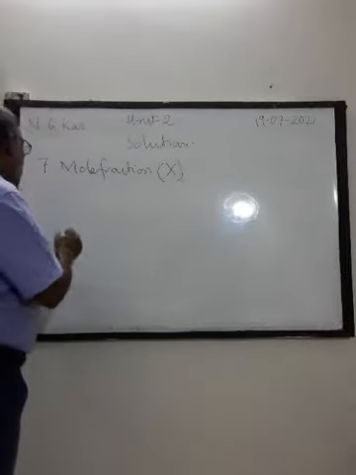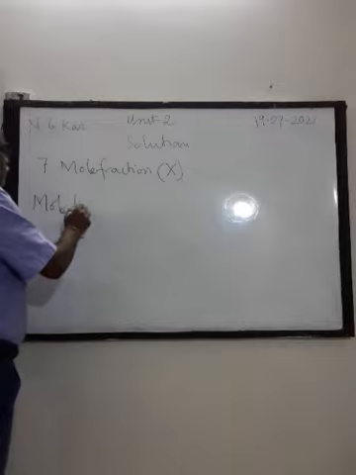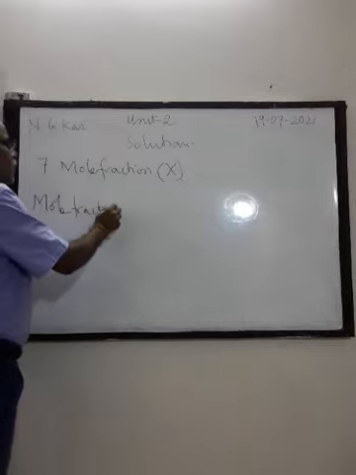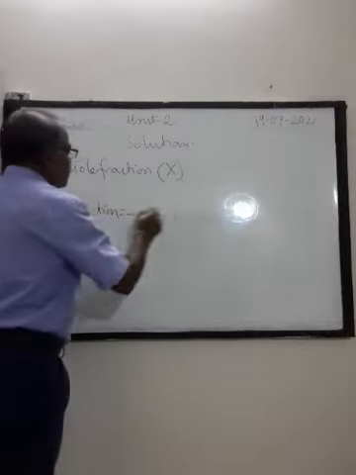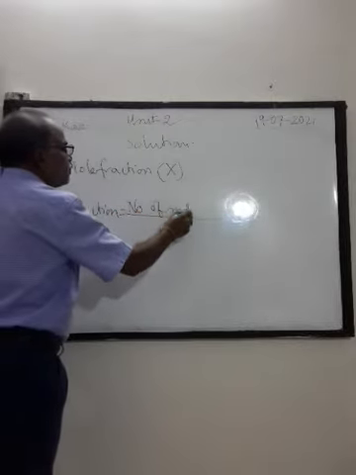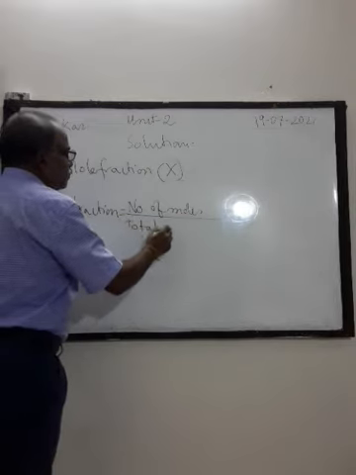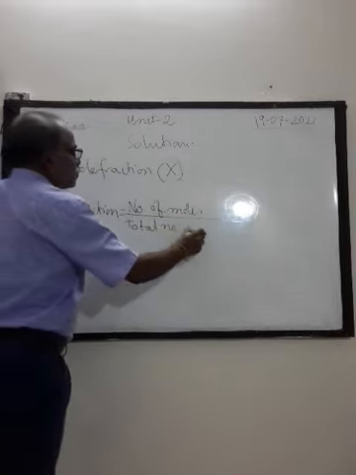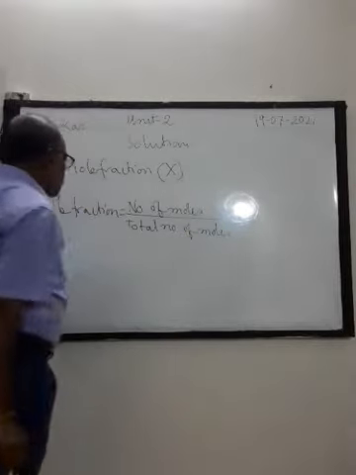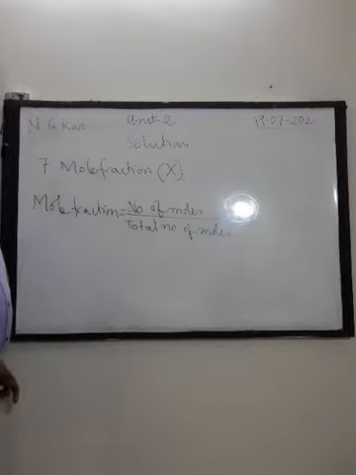So definition of mole fraction is the ratio of number of moles and total number of moles. So ratio of number of moles to the total number of moles is known as mole fraction.